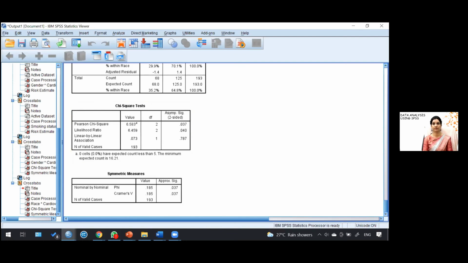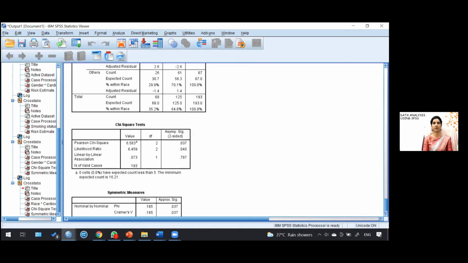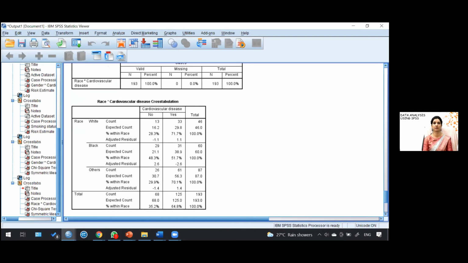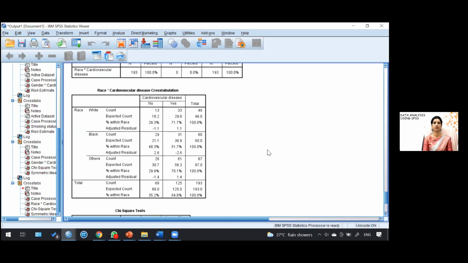And then if you come here, you can see that there is a concept of adjusted residual. I told you this concept of adjusted residual. If the value of adjusted residual is more than 2, then that pair is significant.